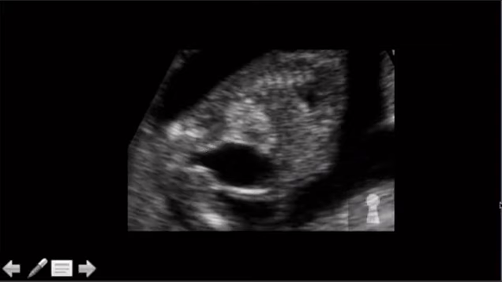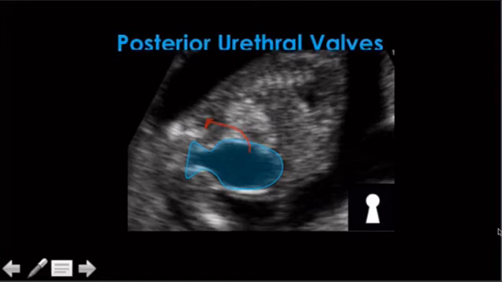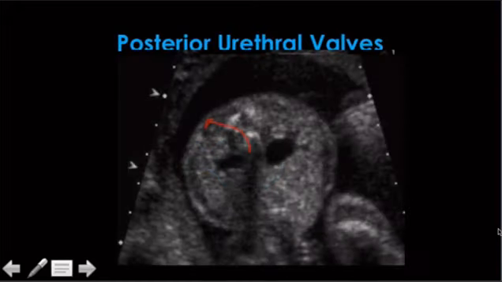Some people will say that looks like a keyhole, like that. If you turned it that way, like on its side, it would look like that. Maybe keyhole sign. It's a buzzword. Posterior urethral valves. They could also show you that, which is hydro. That's like an axial cut hydro. It's not a double bubble.